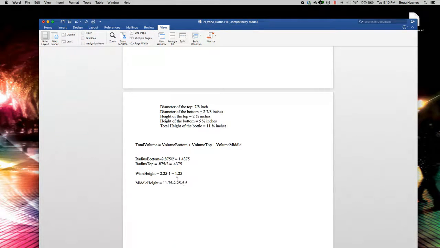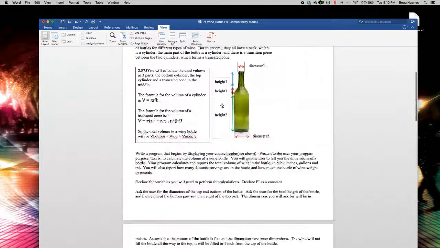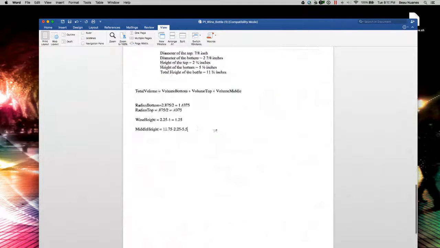That gives us this red part here, this middle height. If you guys have questions, let me know in the chat as I'm going. Okay, so that's going to be 4.